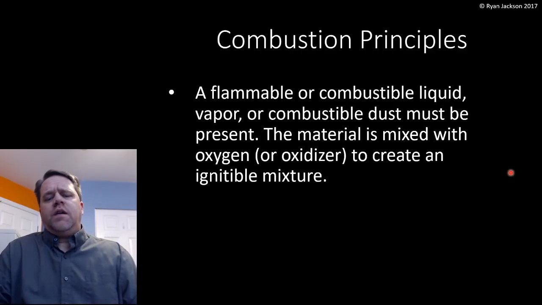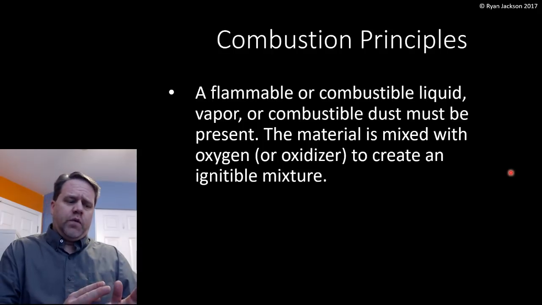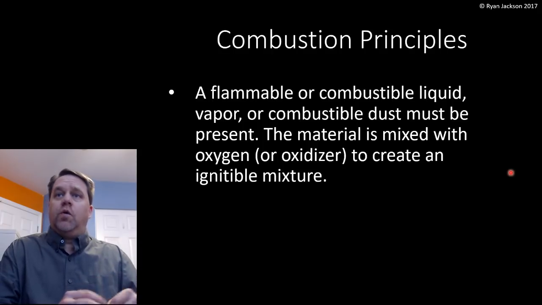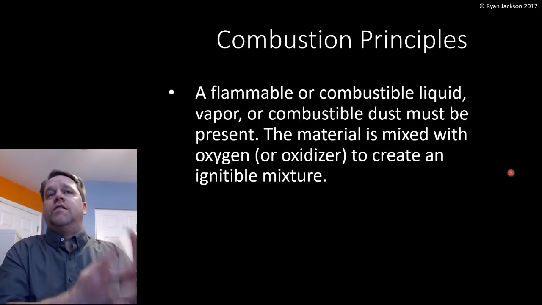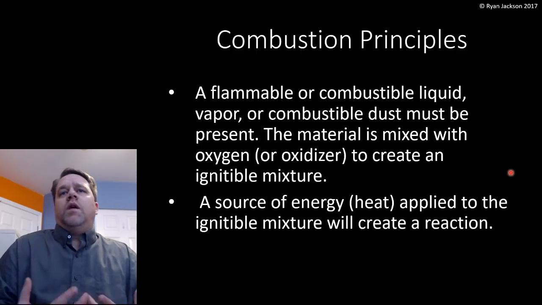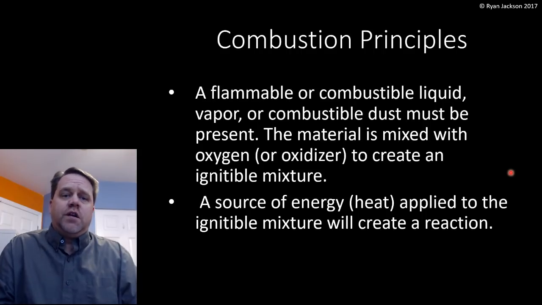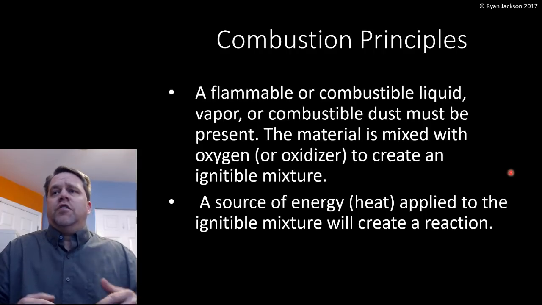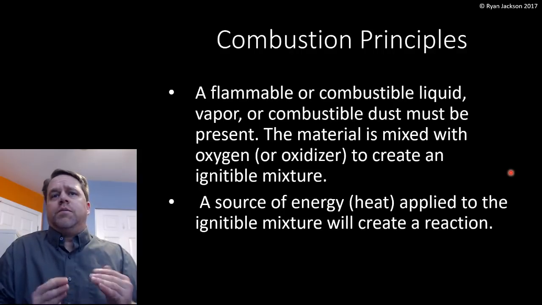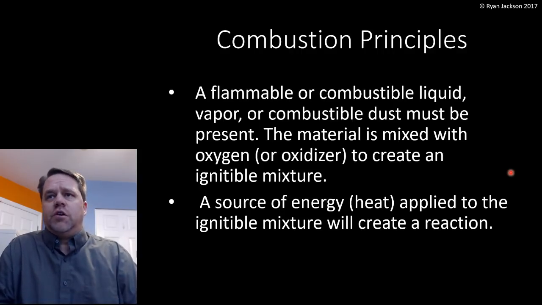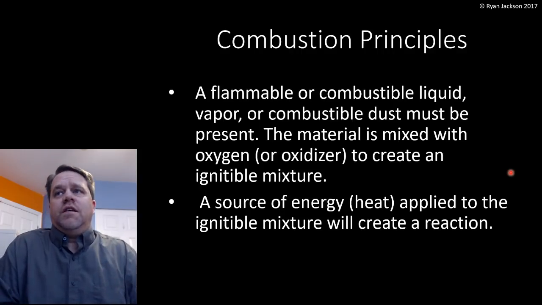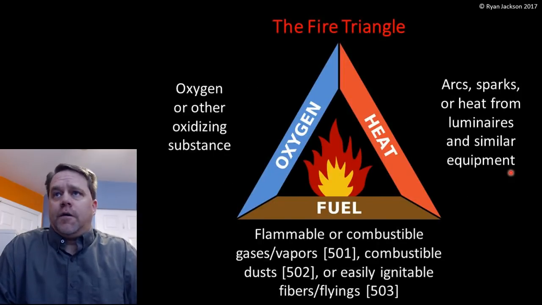So we need to have the fuel, and we also need to have oxygen or an oxidizer, and that creates a flammable mixture. Once we have that flammable mixture, we apply a source of energy to it, and for this discussion we're going to limit that source of energy to heat. So we'll apply heat to that mixture, and that will create the reaction that we call fire.